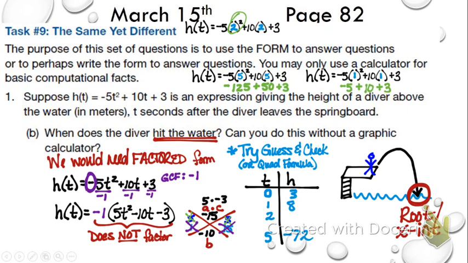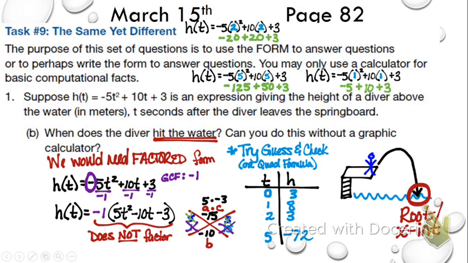So we square first. What's 2 squared? And then 4 times negative 5. Negative 20 plus 20 plus 3. What do we get? 3. Has he hit the water yet?